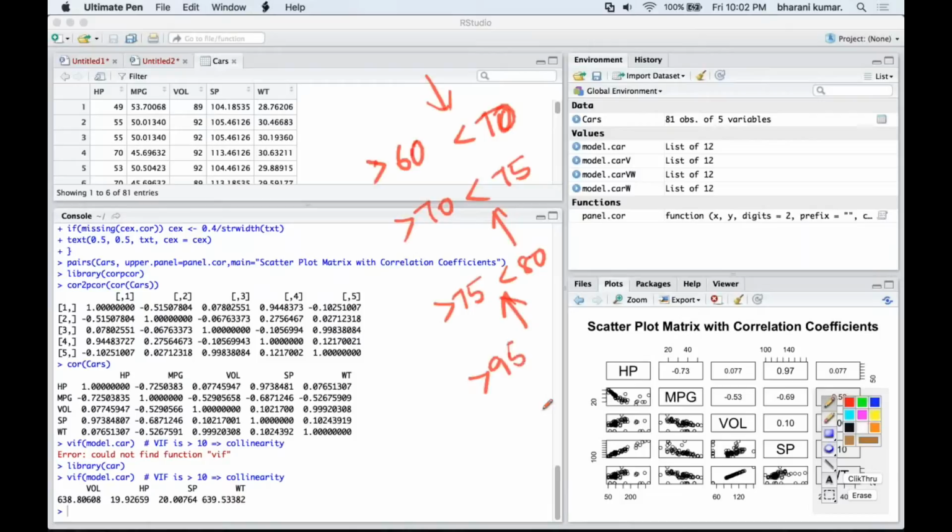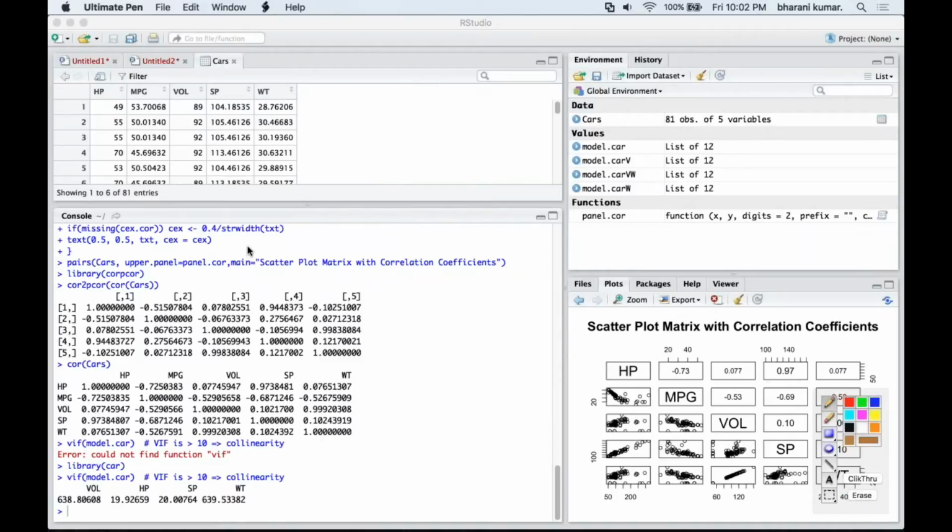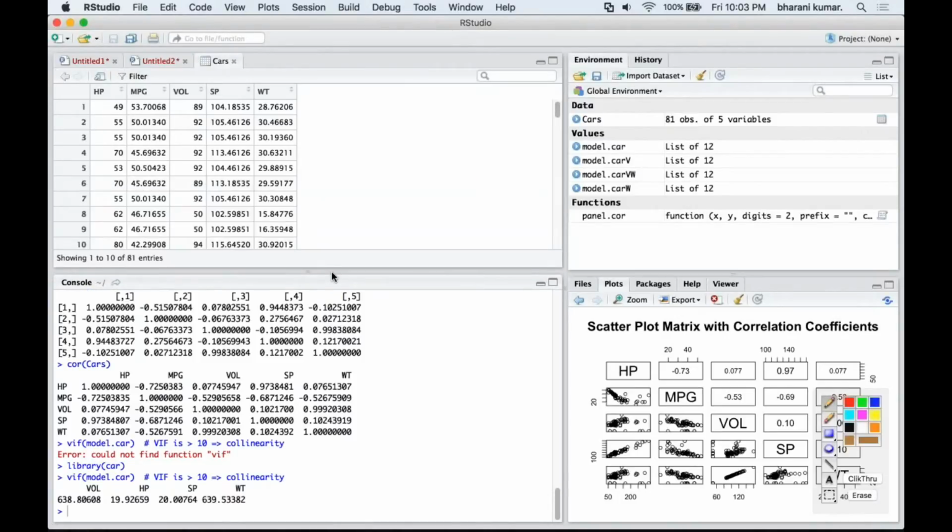Greater than 95%, I would say give 1 year. Again, it depends on the industry that you're working with, so on and so forth. That you'll come to know. It depends on different companies. And the moment you guys become data scientists, probably I'll be getting in touch with you all to know how your organizations are working so that I can take some best practices from you all.